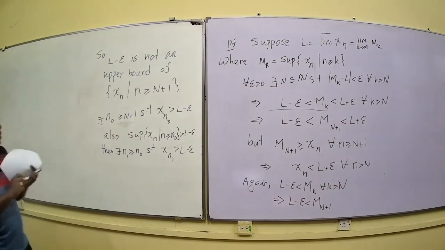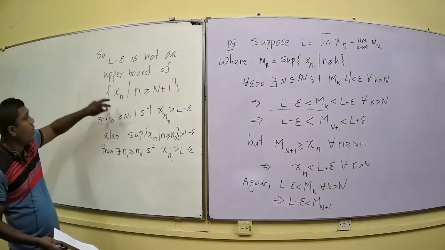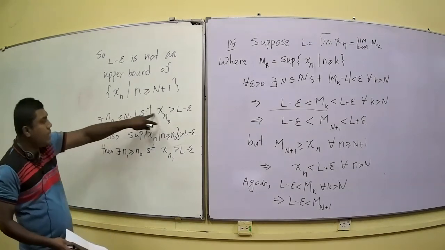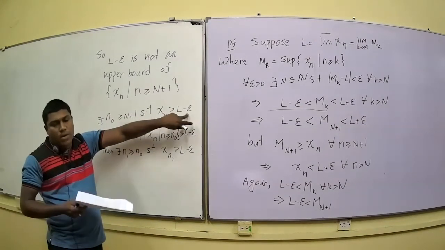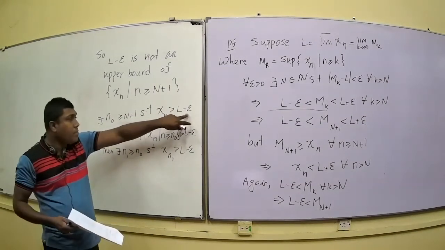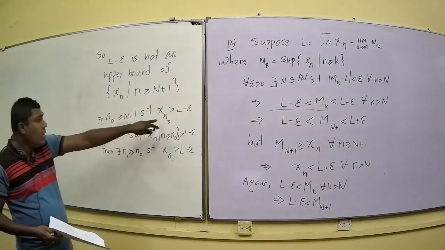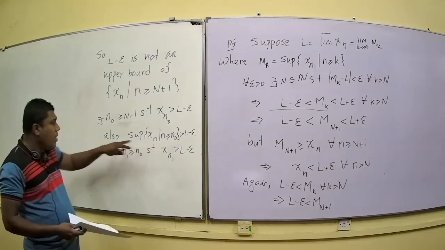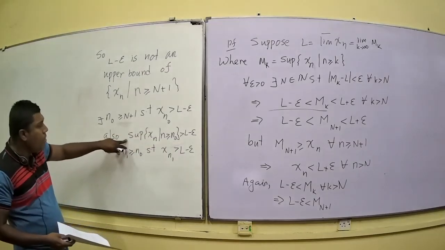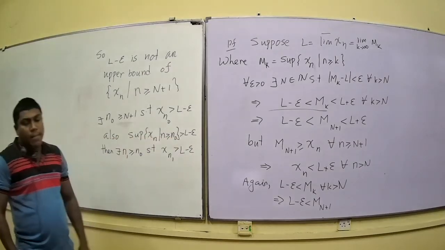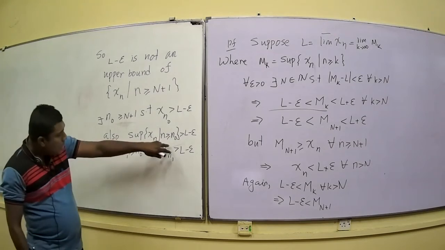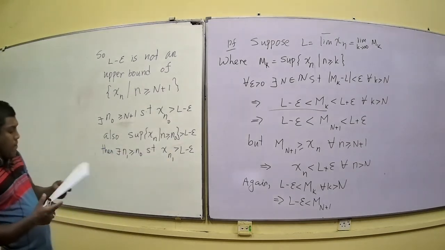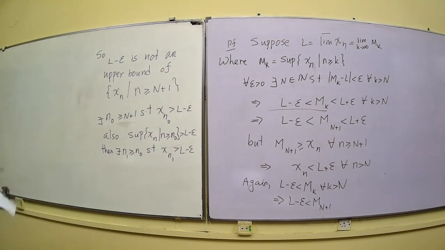Because L minus epsilon is not an upper bound for this set, there will be one element x_{n0} bigger than L minus epsilon. If you take the set of all xn with n bigger than n naught, then the supremum of that will obviously be bigger than L minus epsilon. So within that smaller set, you will find one more element bigger than L minus epsilon.